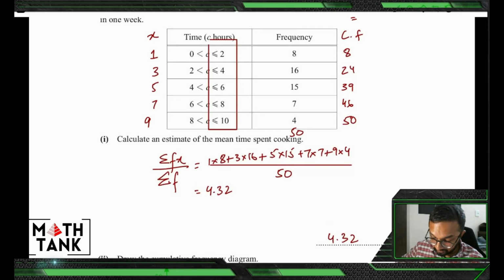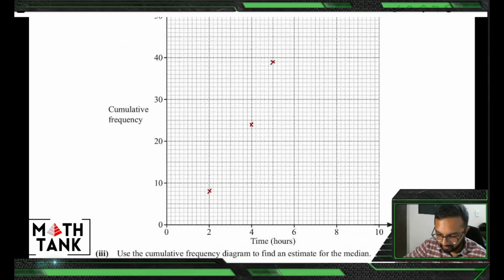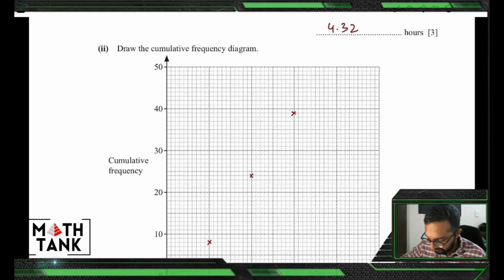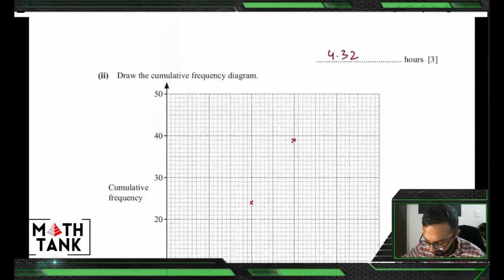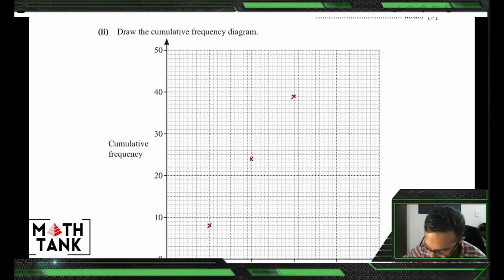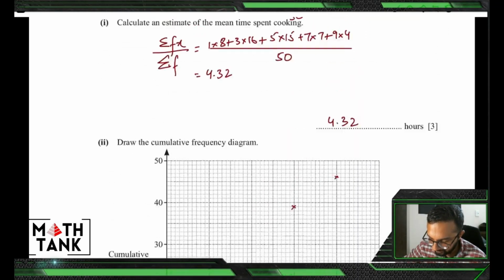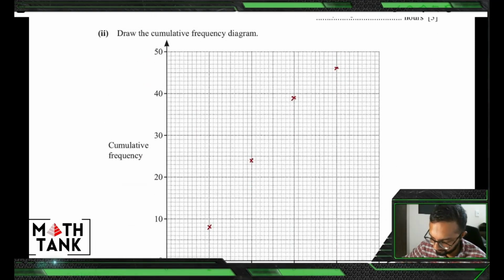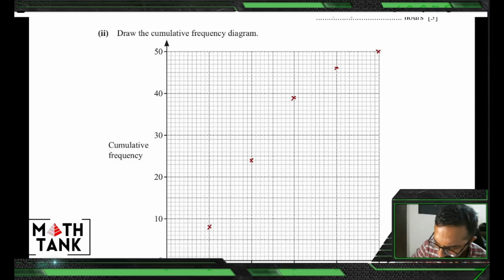No, not 5 and 39, it's 6 and 39. That's what I was wondering. Okay, 6 and 39, 8 and 46, and 10 and 50. Okay, that looks like a relatively simple one. I'm going to join this to 0 at the end.